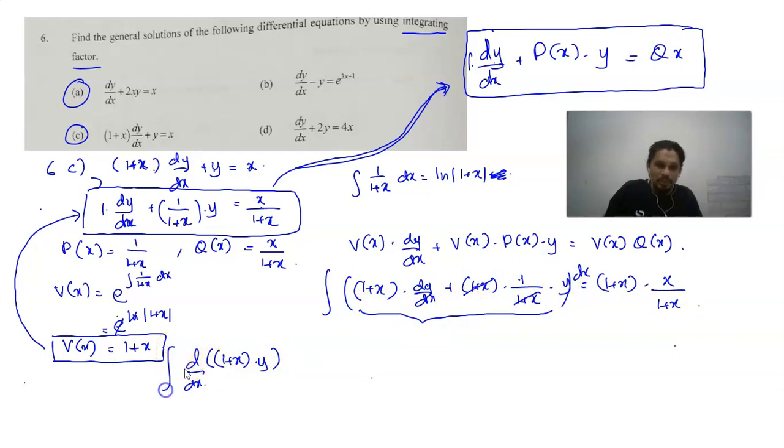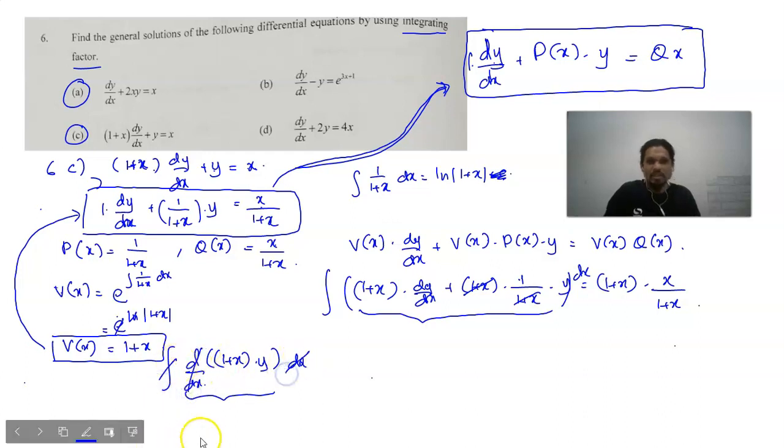So if we integrate the derivative of all this, the derivative and integral cancel each other. Finally, it gives you (1 plus x) multiplied with y.